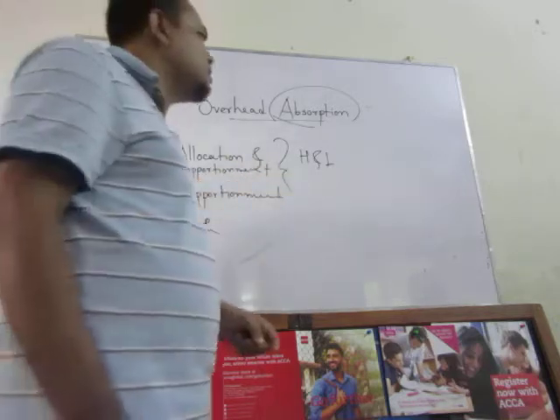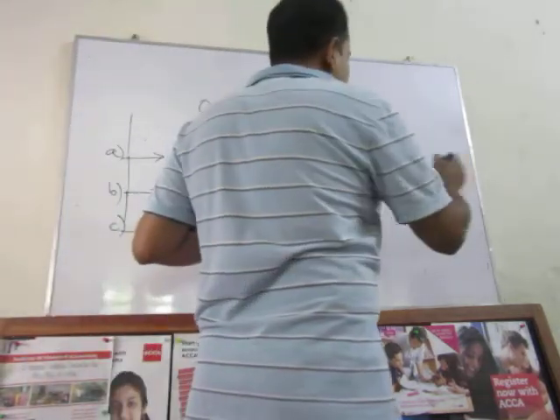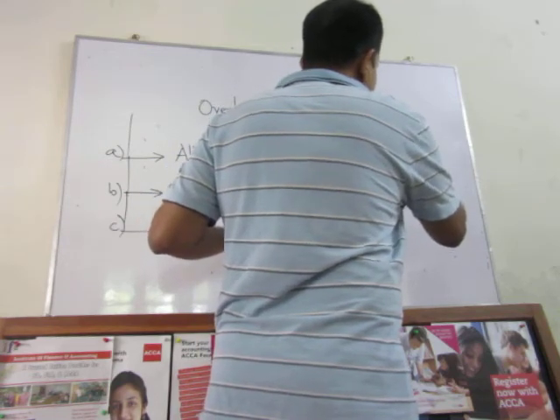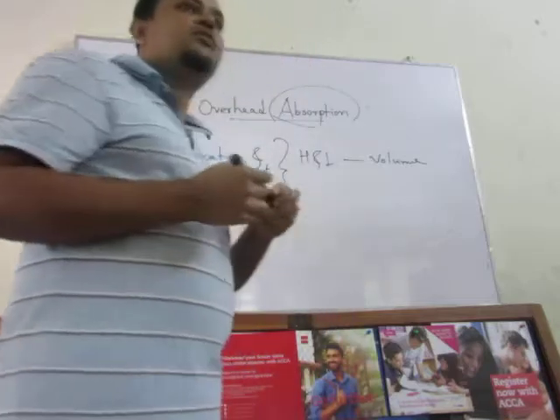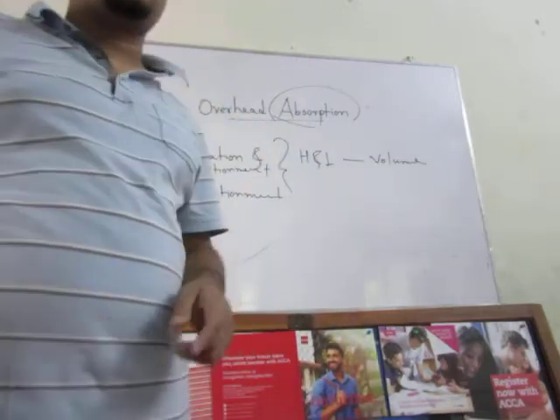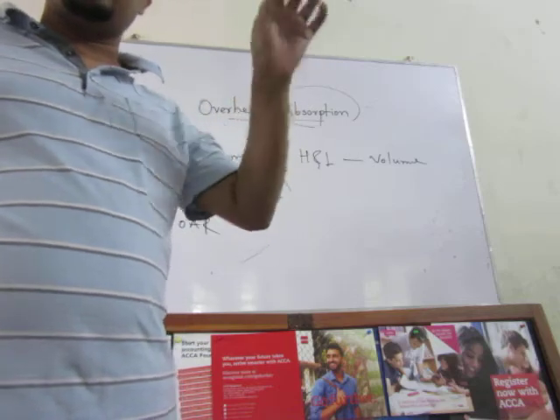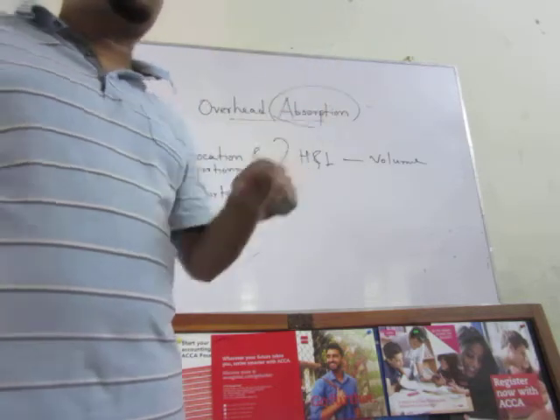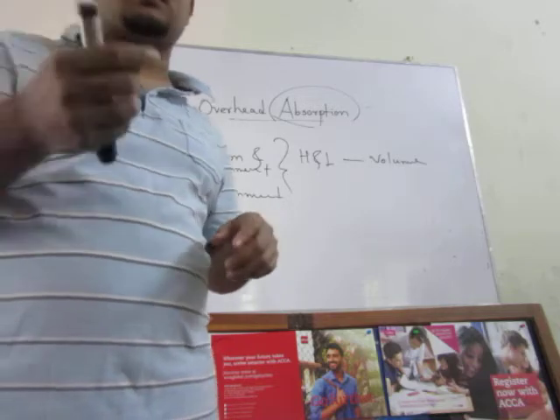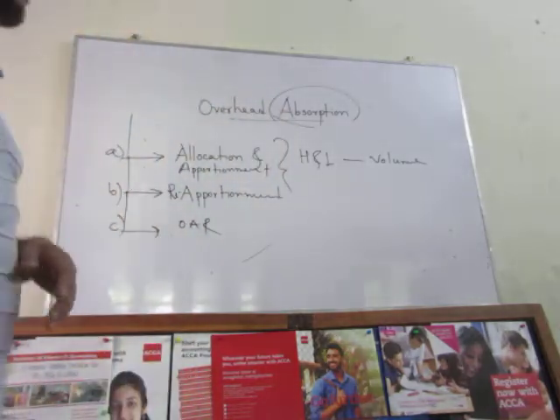So heating and lighting is to be allocated according to volume. Volume means length into height into height. That means আগে ছিল area means square, length into height into height, তখন কি আসবে cubic meter, cubic yard, just for that.